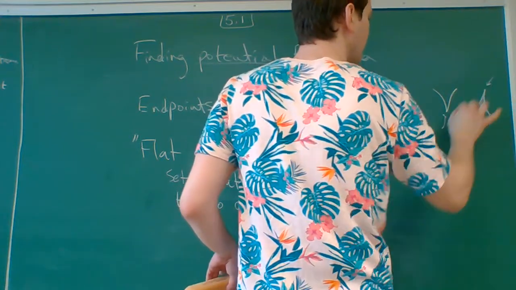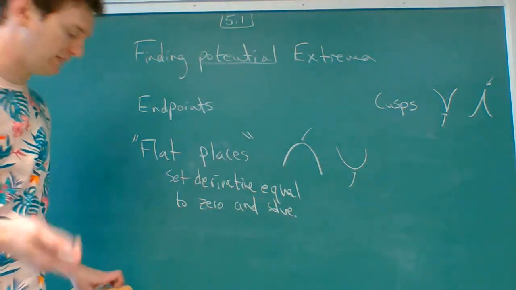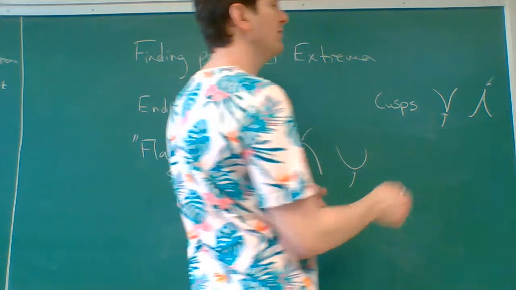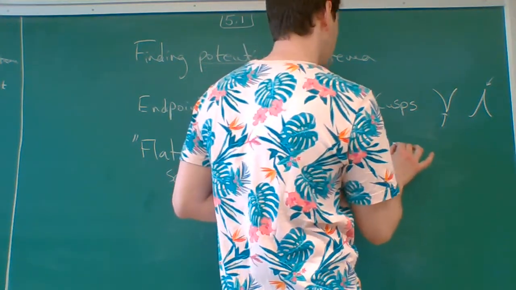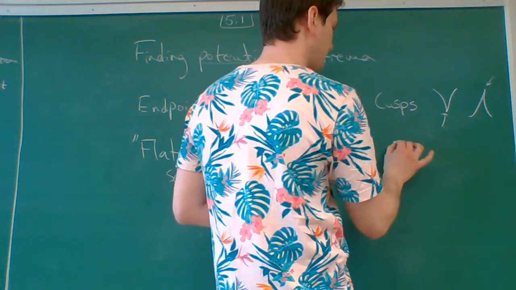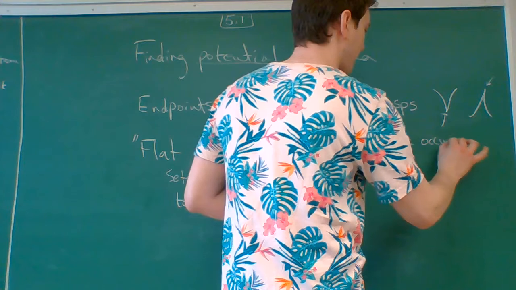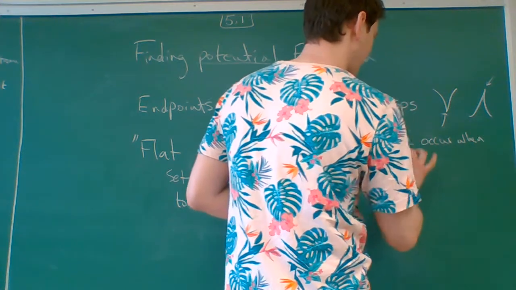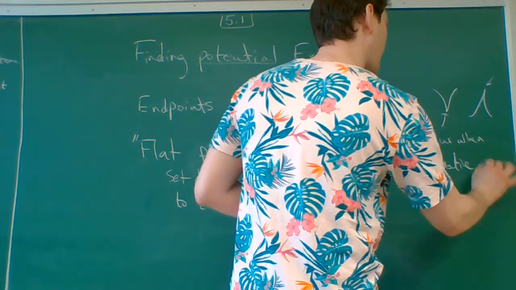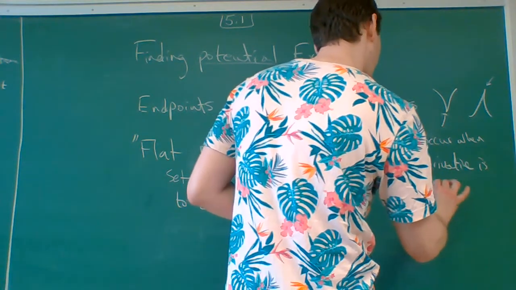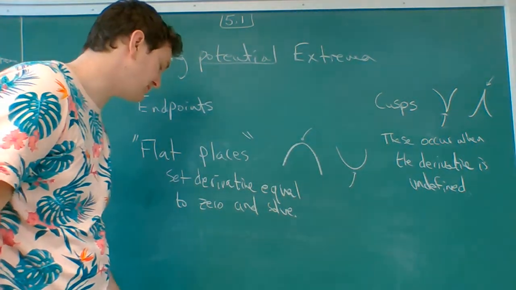We can have extreme values there. When I say points, I mean like pointy bits of the curve. We call them cusps. And these occur when the derivative is undefined.